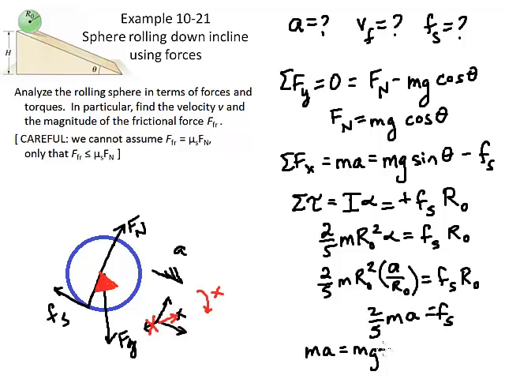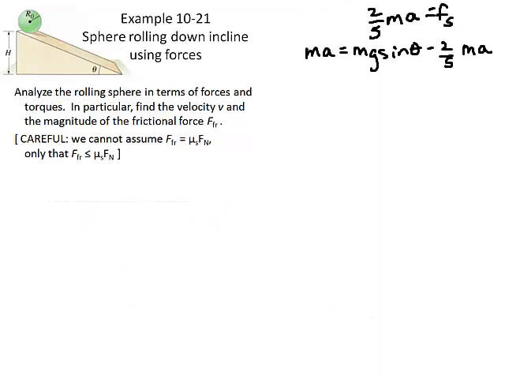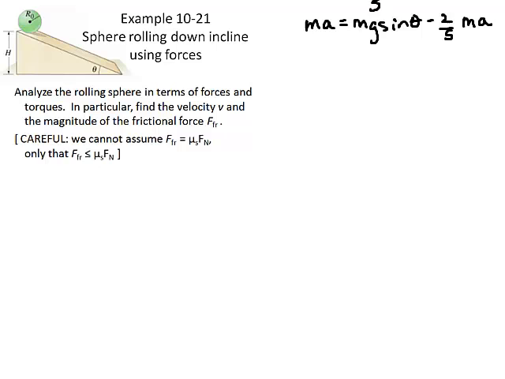If we substitute that into our sigma F in the x direction equation, what we'll get is ma equals mg sine theta minus 2/5 ma. We can cancel all the m's out of here. So this m goes away, that m goes away, that m goes away.